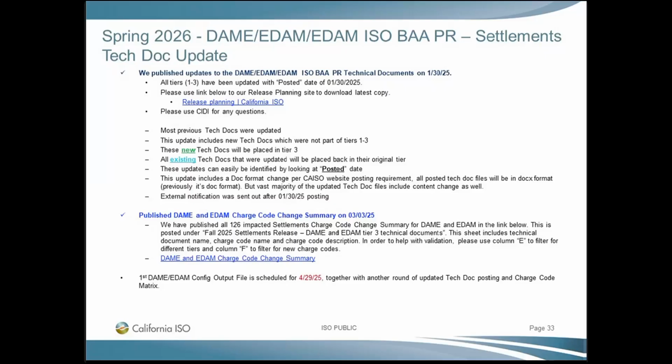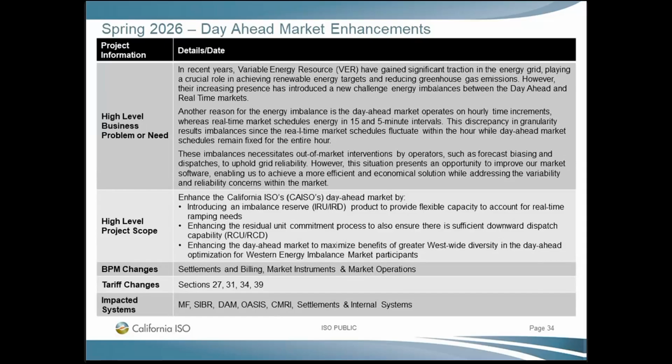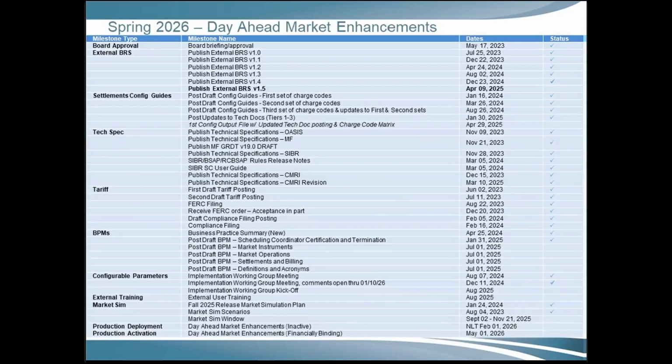All right, great. Okay. So I'll move on to the DAME slide specifically. For this slide, you'll see just an update that BRS version 1.5 is planned for April 9, and then we'll open up a comment period for that, and also plan to come to the RUG on April 15 to give an overview of those changes.